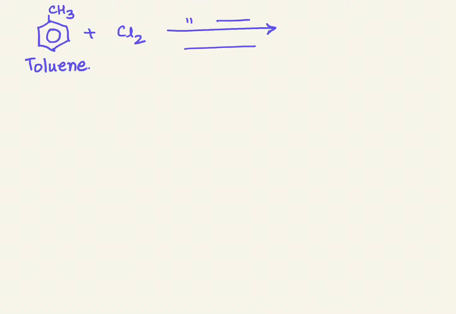Correct. Low temperature. Perfect. We've got Lewis acids as catalyst. Very good. So, what are those Lewis acids? Iron filings, FeCl3, iodine. Very good. Good going. Now what will happen is, because of the presence of this alkyl group, now this alkyl group is an ortho-para directing group.